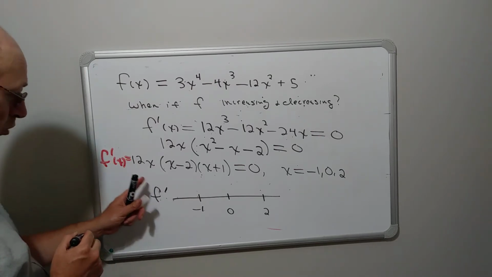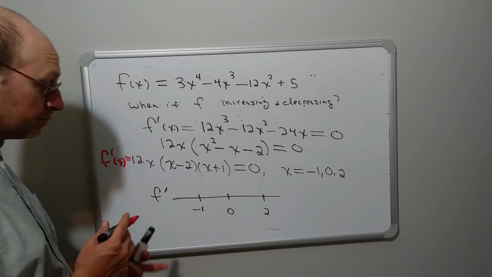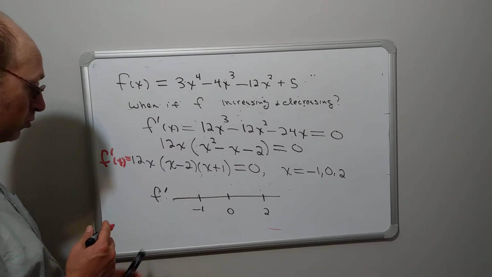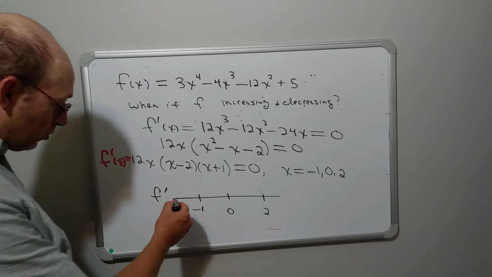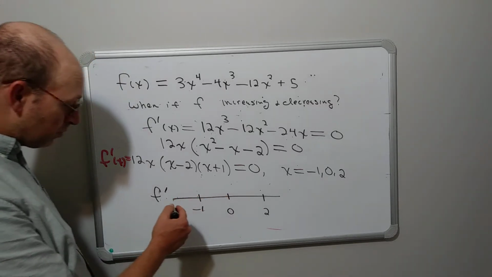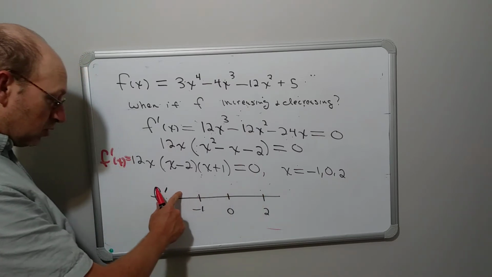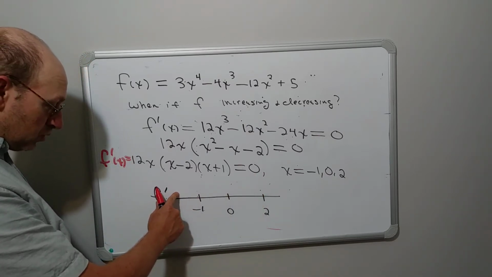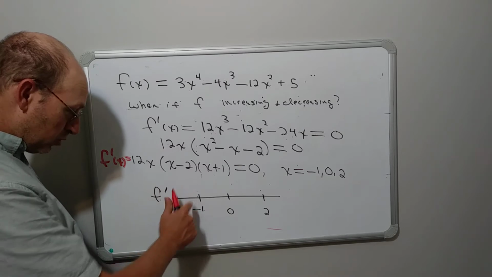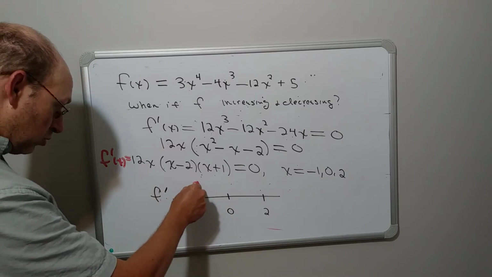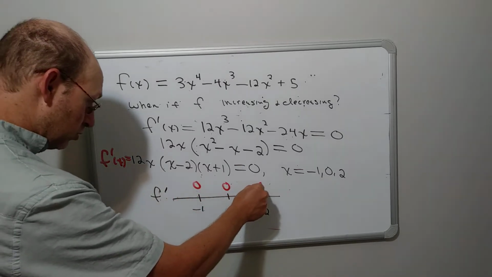The derivative only changes sign at the critical numbers. So to find the number line for the derivative, we simply plug in a point in each range, and if it's positive, it must be positive everywhere, because it can only turn to be 0 at the critical numbers.